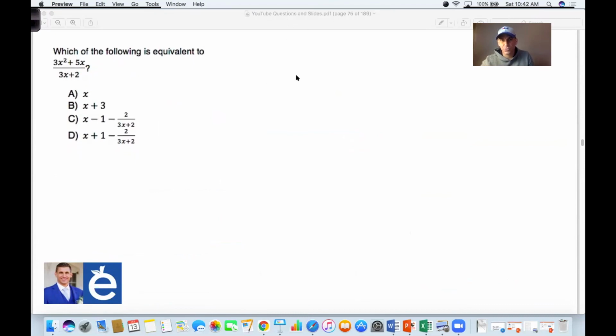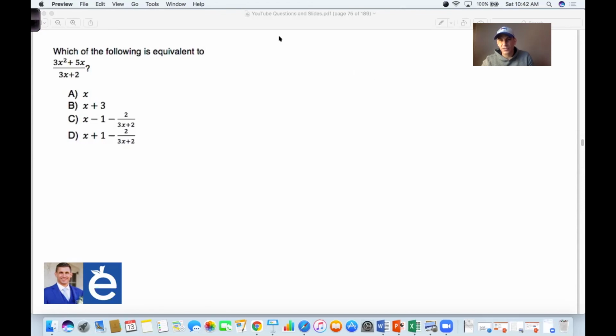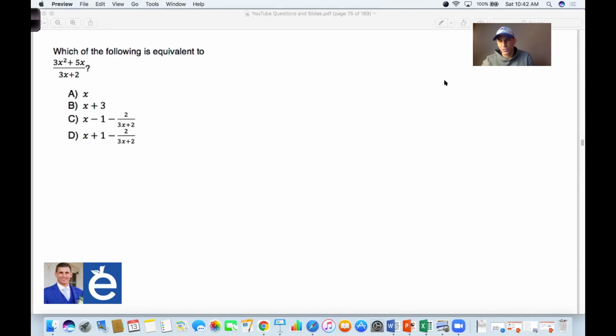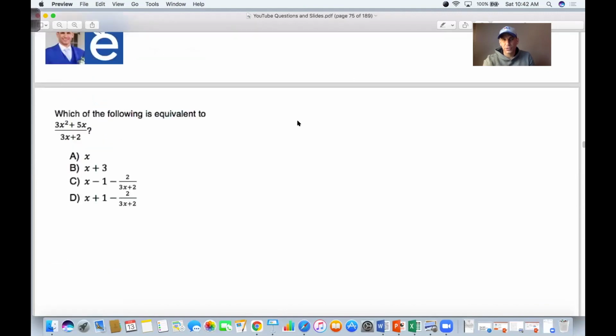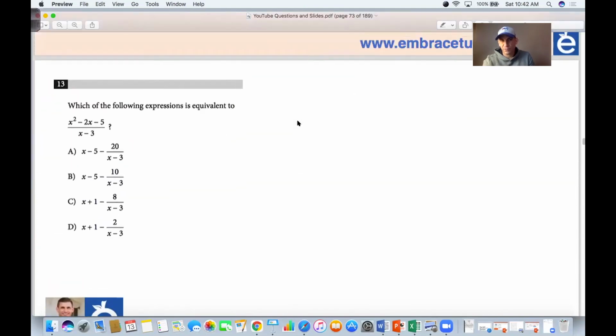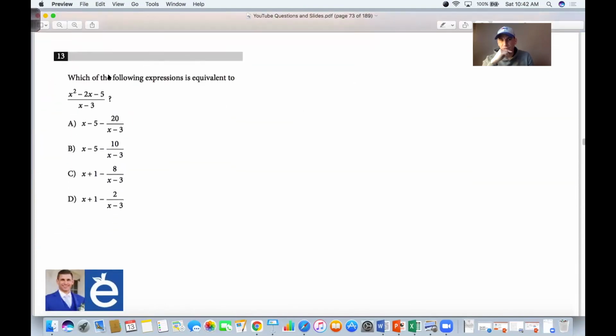Could you also use the FOIL method? And this is from Caitlin. So you could technically, I believe, use the FOIL method. I don't really know if that's the most efficient way to do it, given what they're providing you. It's a really good question. I would tend to, and to be fair, this is just because of my experience with the SAT, when you're doing which of the following is equivalent problems, like referring to 13, you could FOIL this out.